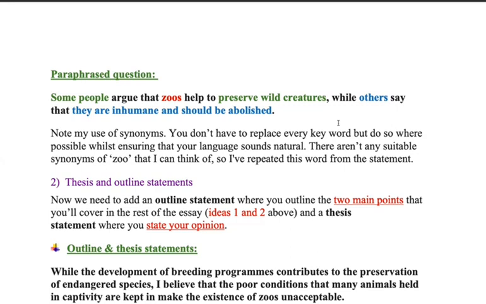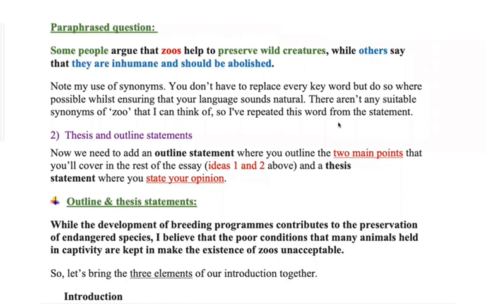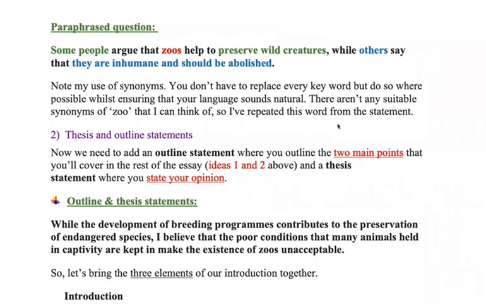So outline and thesis statements. Let's see what we have done here. The writer says here, while the development of breeding programs, so breeding programs is about the planned breeding of a group of animals, okay, contributes to preservation of endangered species.